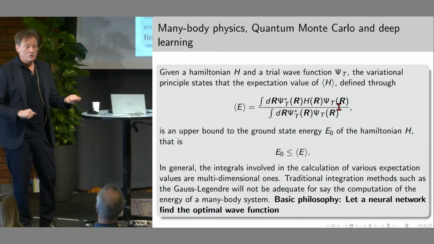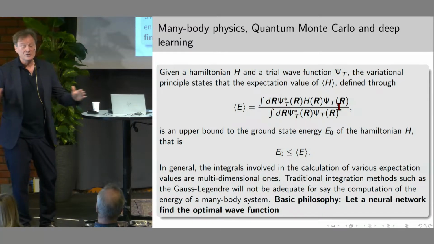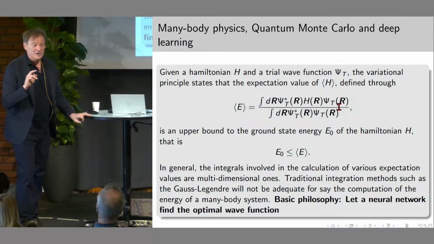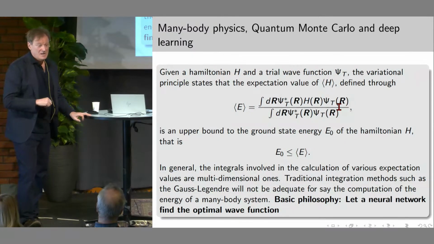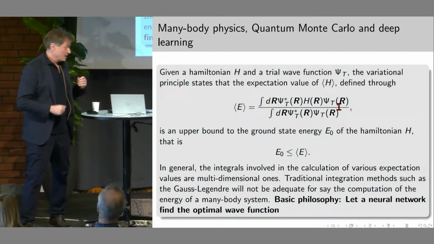If you use a trapezoidal rule or any of the standard discretization finite difference methods, you will find an increasing error when you increase the dimensionality of the integral. So in Monte Carlo calculations, the error stays the same. But clearly, if you have a multidimensional problem, you need many samples.